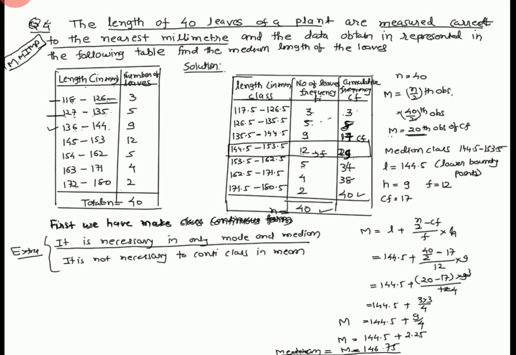Similarly, in the second class, minus 0.5 in the lower limit and plus 0.5 in the upper limit.